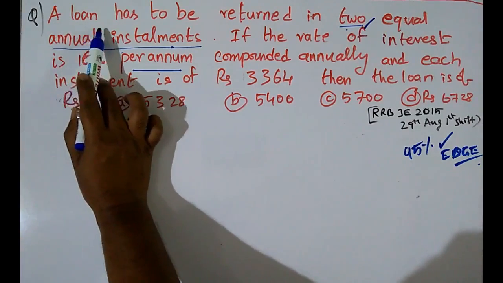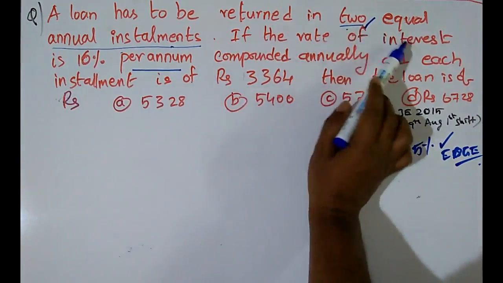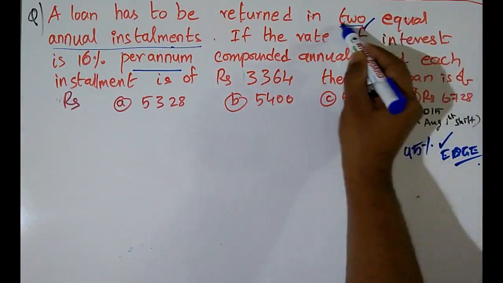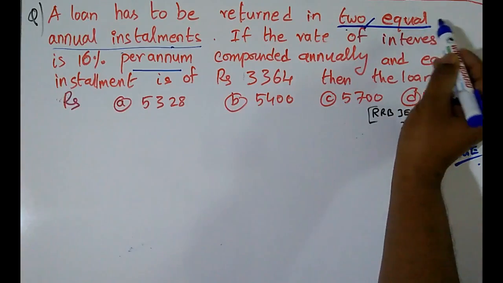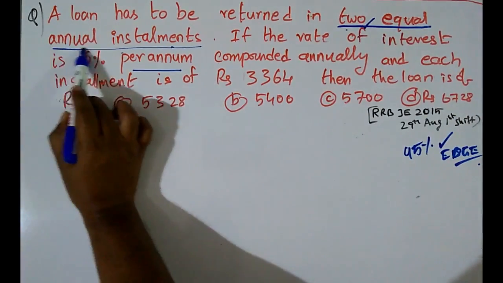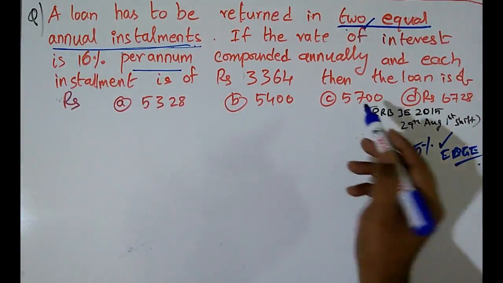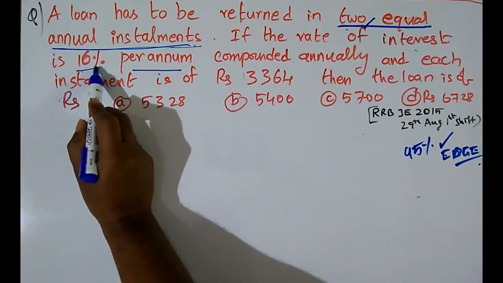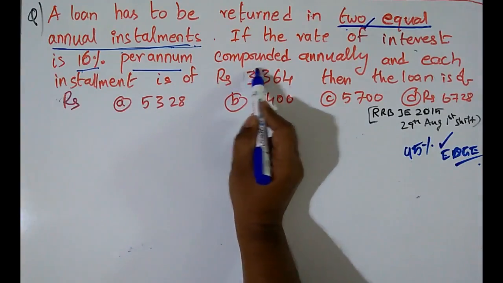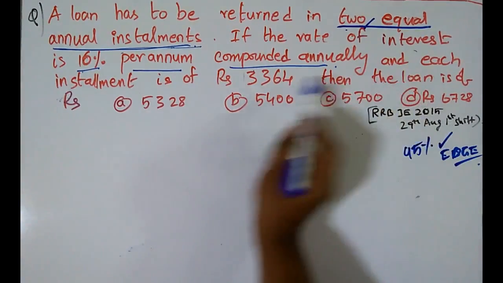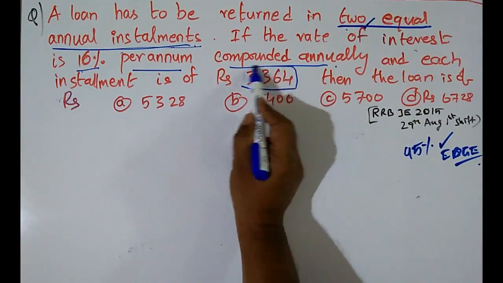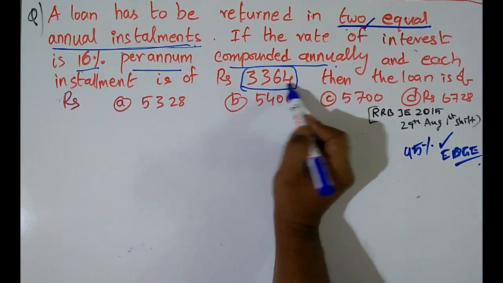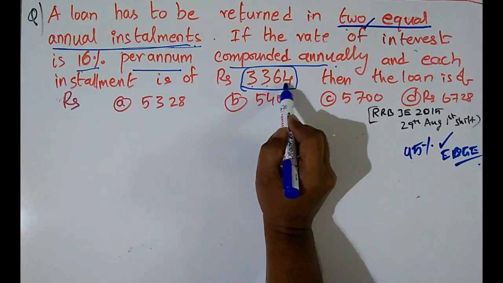A loan has to be returned in 2 equal annual installments. So here again you have to note this terminology, 2 equal annual installments. The rate of interest is given as 16% per annum compounded annually, and each installment, the equal installment that you are paying, equals 3364.